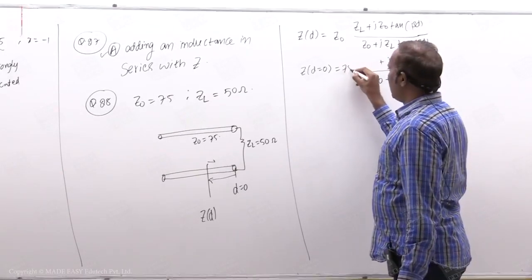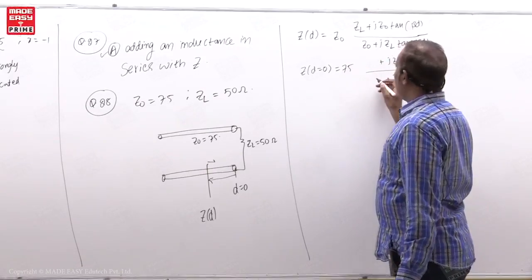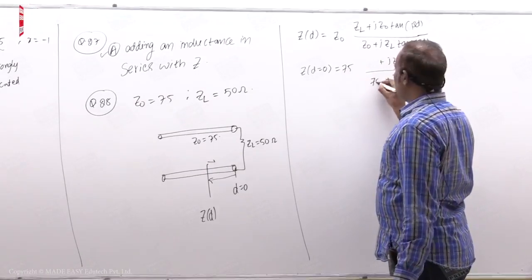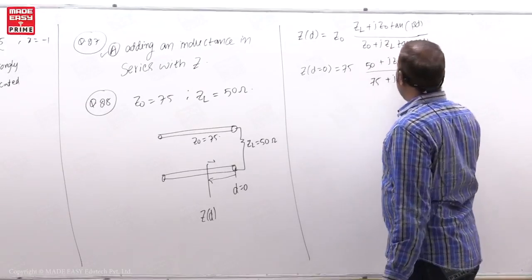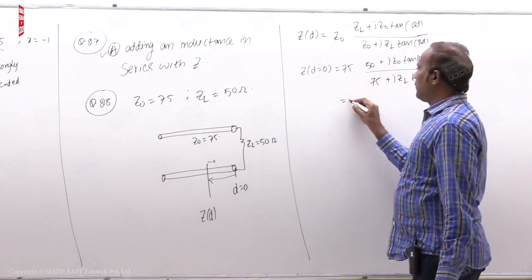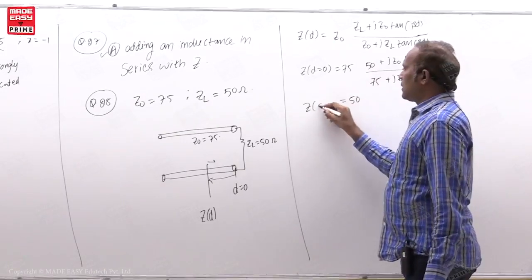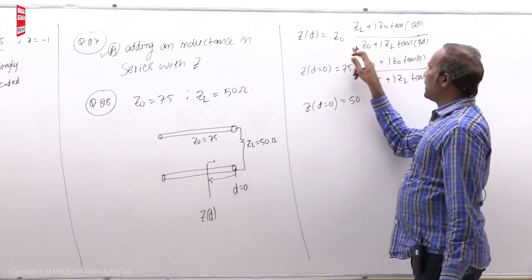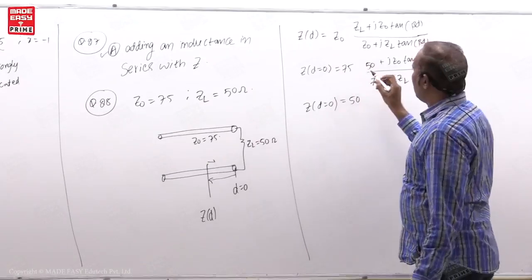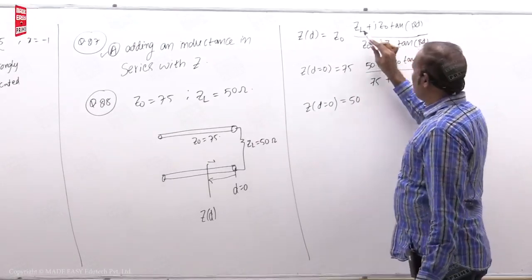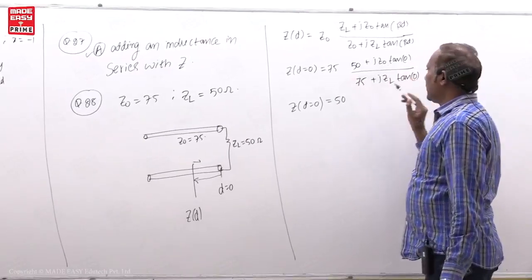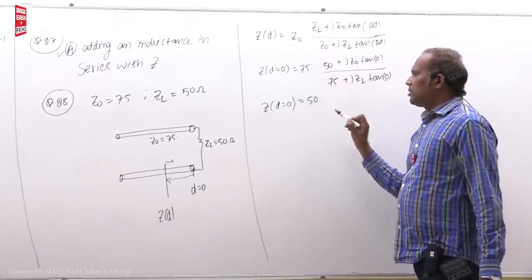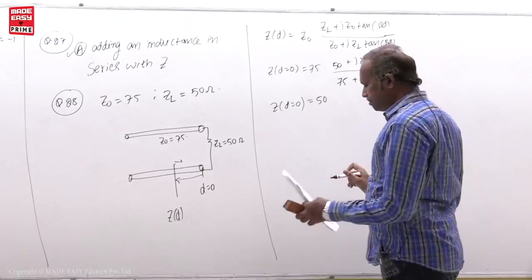Z0 is 75 and this Z0 is 75. Our ZL is 50. The tan 0 terms vanish, and ultimately you get 50. So Z of D is equal to, let me check once again, Z0 is 75, ZL is 50. Those terms vanished, so I did not substitute them. So 75, okay, we got this now.